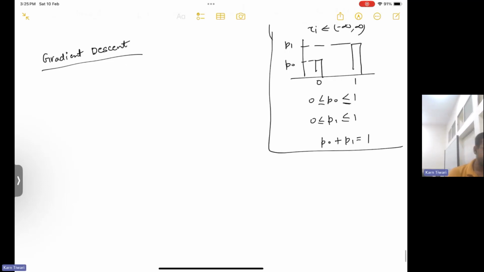So we need to optimize the parameters. If my neural network parameters are theta, I need to find theta star for which my loss, something which gives a signal to the model that the model understands, is minimized.